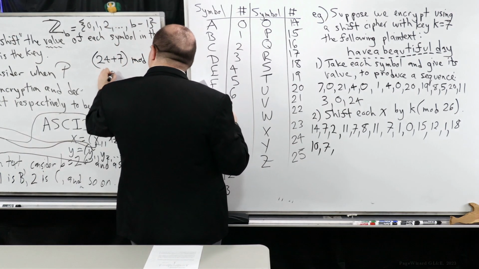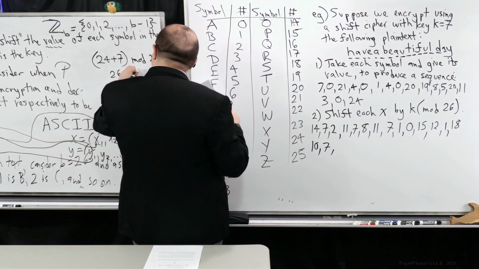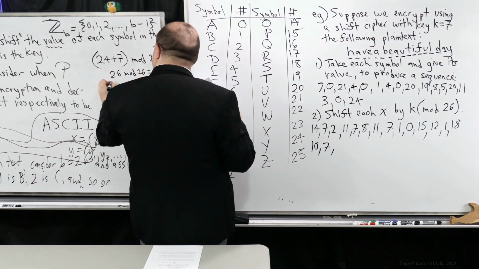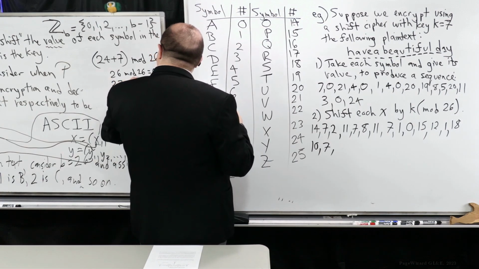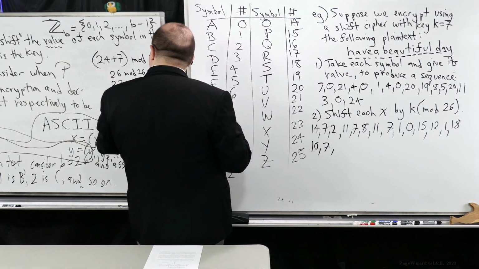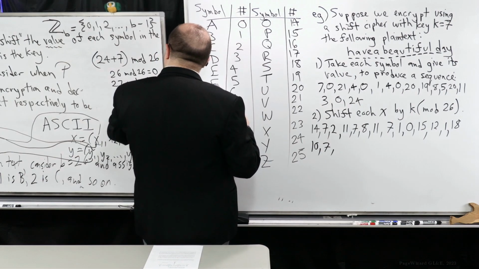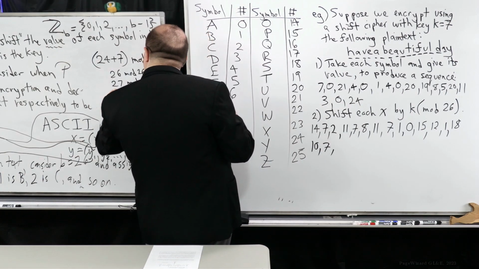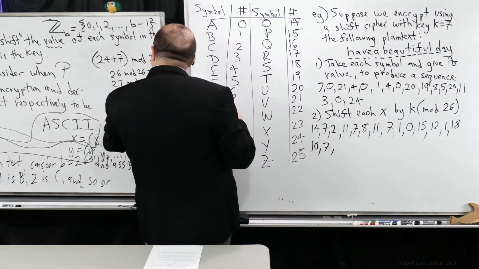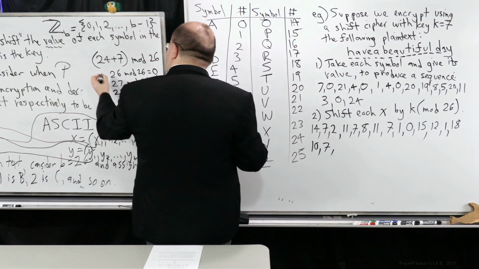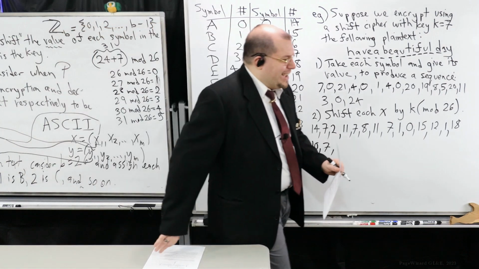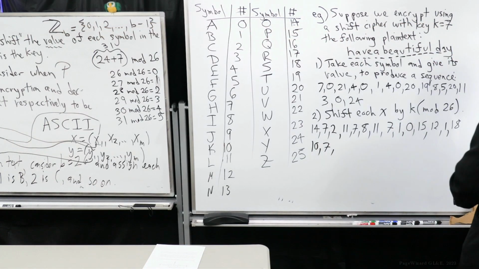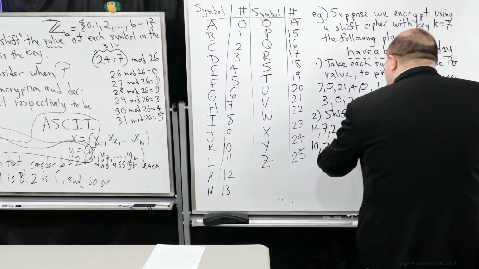Well, we know 26 mod 26 is 0, 27 mod 26 is 1, 28 mod 26 is 2. But what is this number here? Well, I'll let you think about it. So anyways, the last number here is going to be 5.